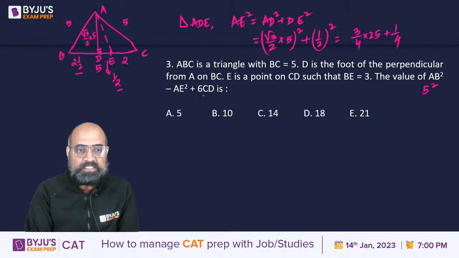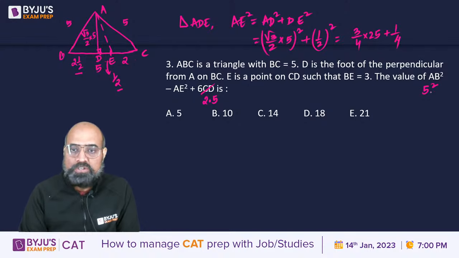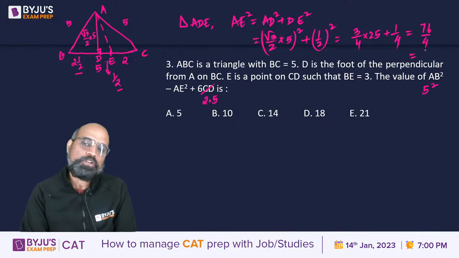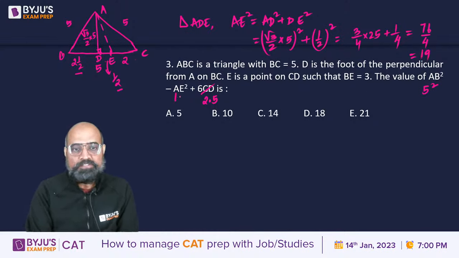And CD is 2.5. So if you solve this, this is 75 plus 1, 76 upon 4. Now 76 upon 4 is nothing but 19, right? So we have 19 here.